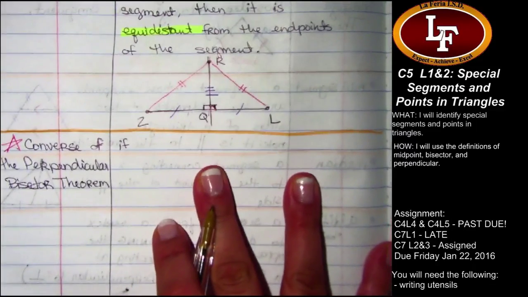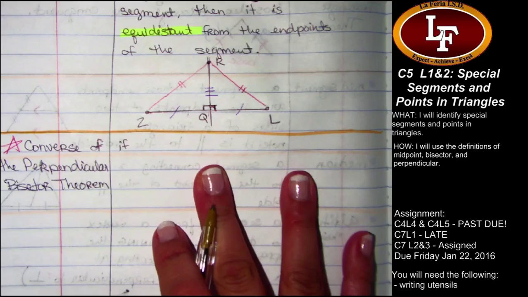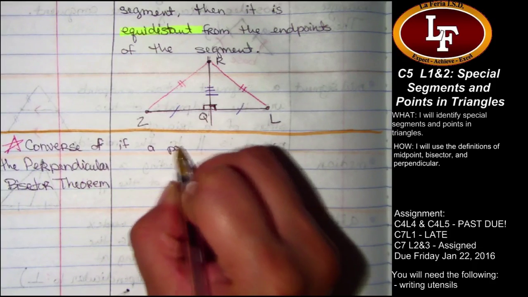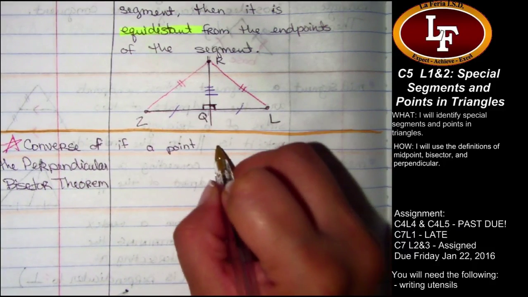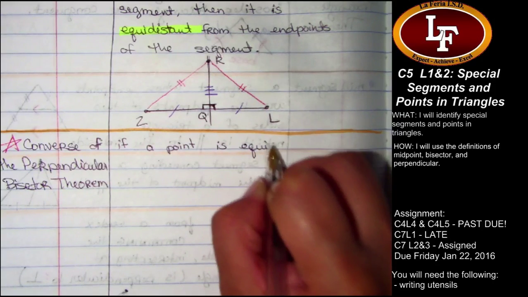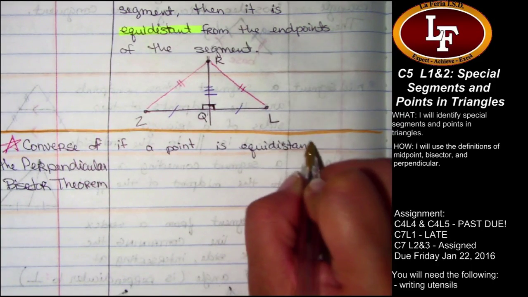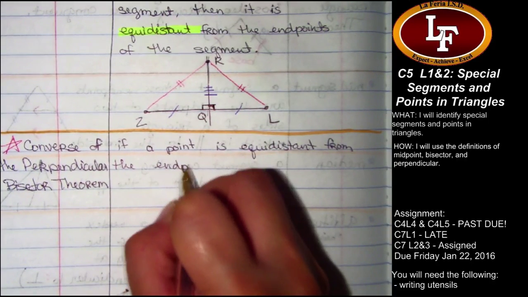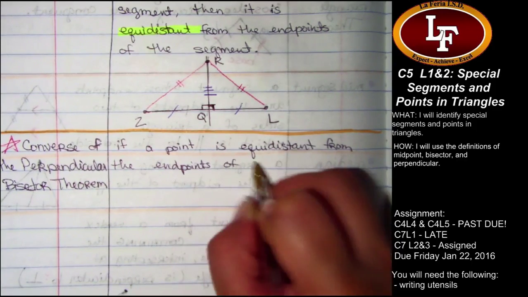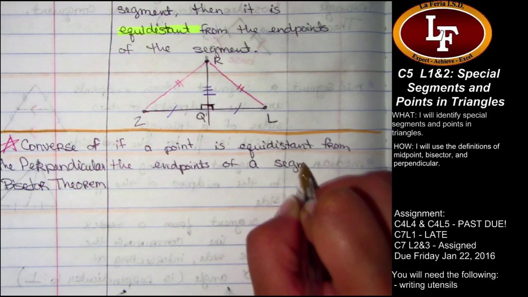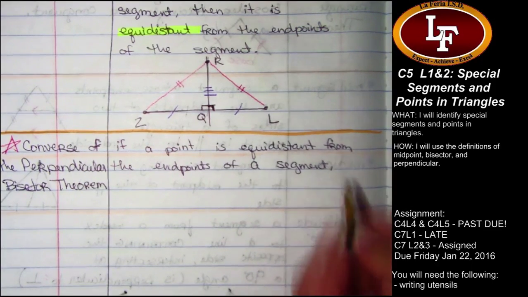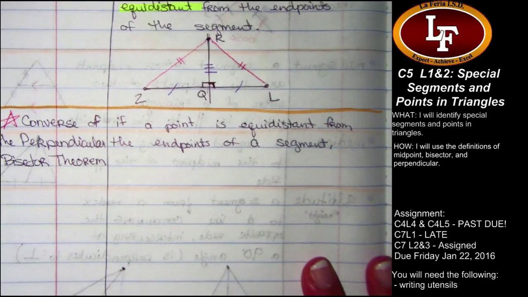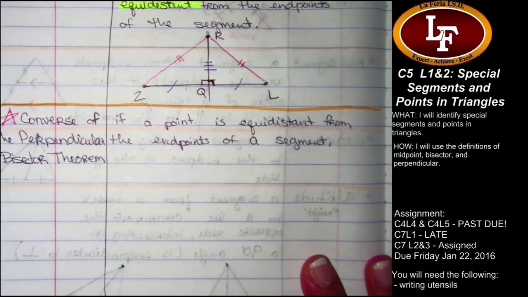If a point is equidistant from the endpoints of a segment, then it, the point that we were talking about in the hypothesis, is on the perpendicular bisector of a segment. Equidistant is a word that we get by mashing together two other words.